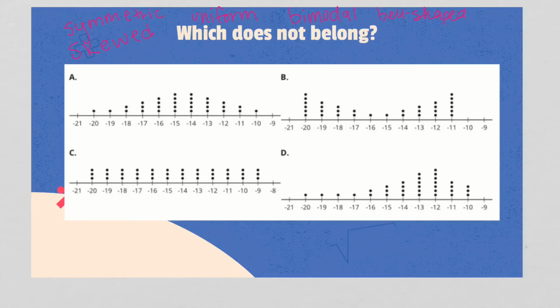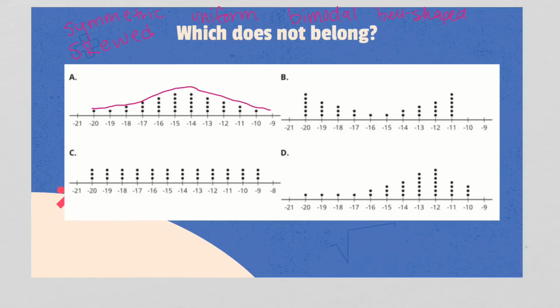So first we're going to look at A. A has, we can see that it kind of does like an up and then it goes back down. But you can see that it goes up and down at the same kind of rate on both sides.